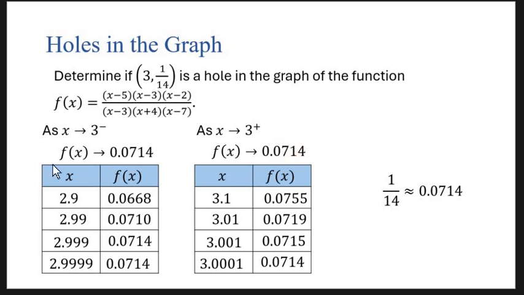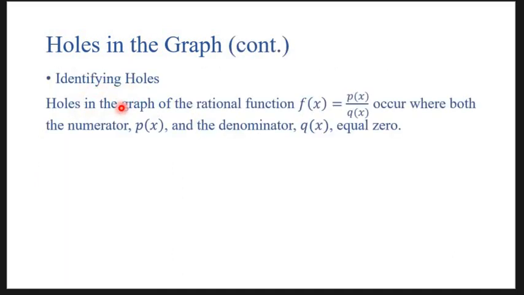Okay, so what if we didn't know where the hole was and we wanted to identify where it was? Let's take a look at this example. Identifying holes: holes in the graph of the rational function f of x equals p of x over q of x occur when both the numerator p of x and the denominator q of x equal 0.